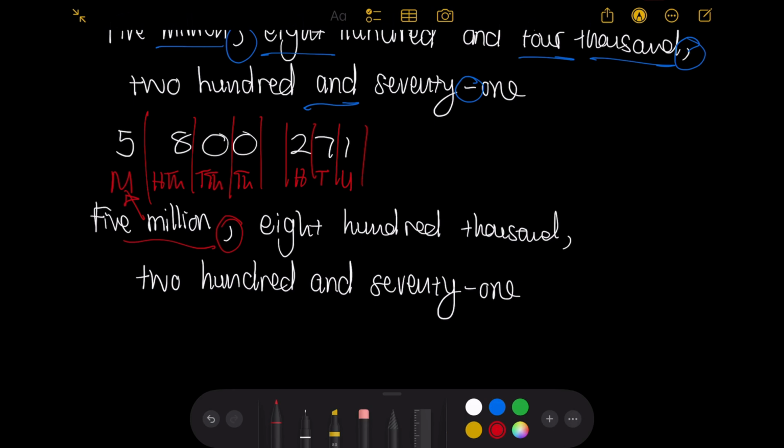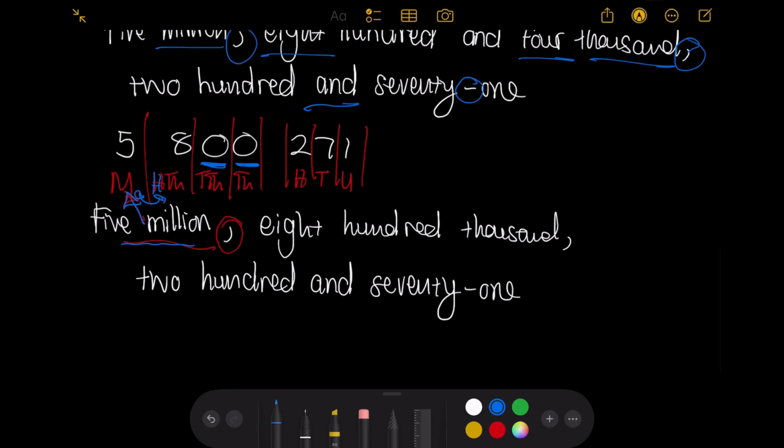I'm using a comma because I am transitioning from millions to hundreds of thousands. I'm using the 800,000 because these zeros are just showing the place value of 8. We know 8 belongs to the hundreds of thousands column, so I express it as 800,000.